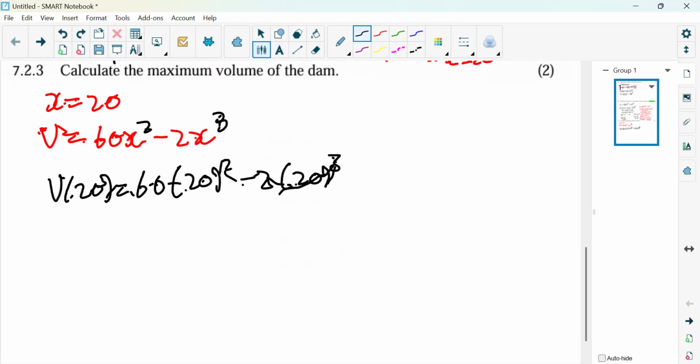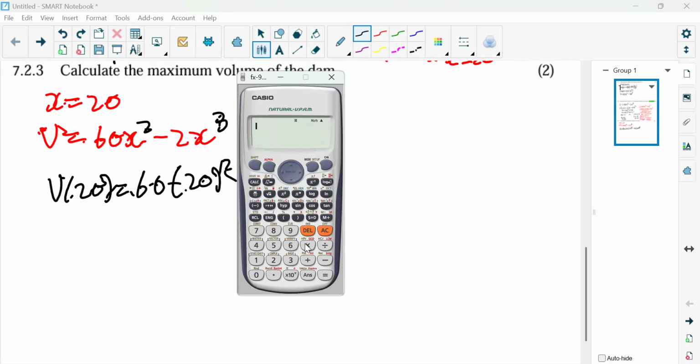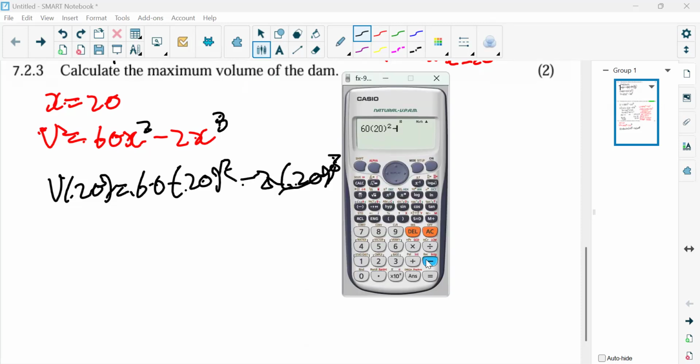Okay, let us put it in our Casio calculator. We have 60, open bracket, 20, close bracket, all squared. Then we'll have minus 2, open bracket, 20, close bracket, cubed.